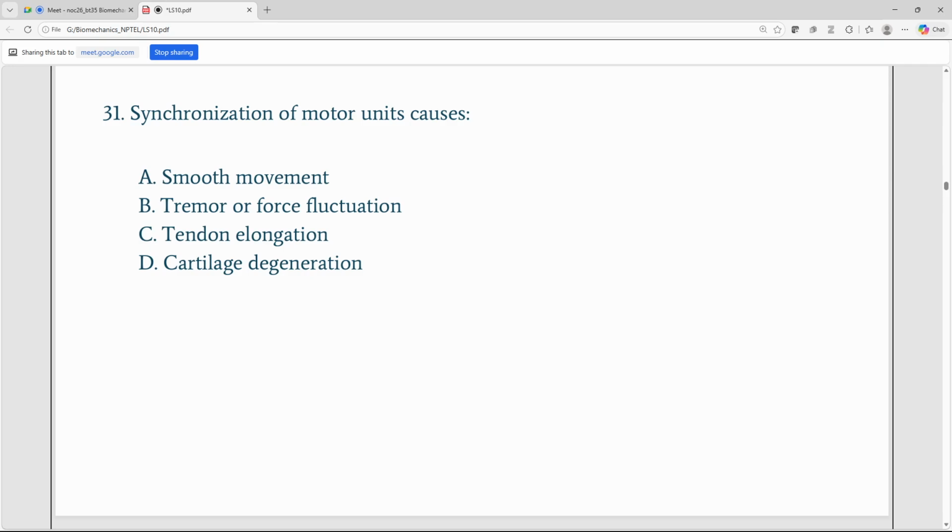What will happen due to the synchronization of motor units? Options are option A, smooth movement, option B, tremor or force fluctuation, option C, tendon elongation, option D, cartilage degeneration.